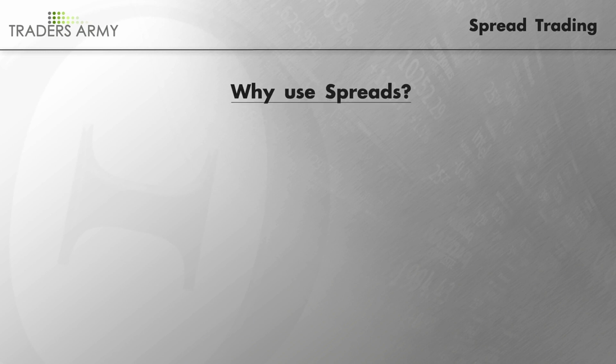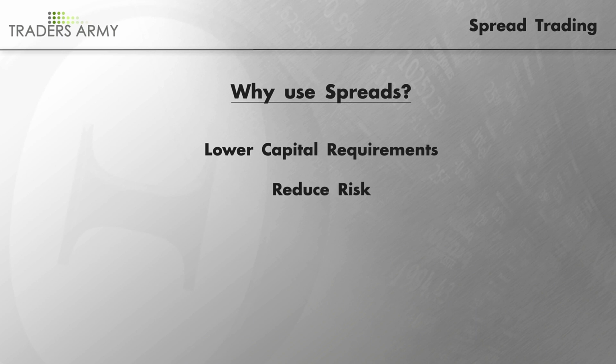Now, in addition to offsetting some volatility risk or all of our volatility risk, we also lower the capital requirements when getting into a spread trade. So who doesn't like spending less money on an investment? So we get to spend less money, which reduces our risk.